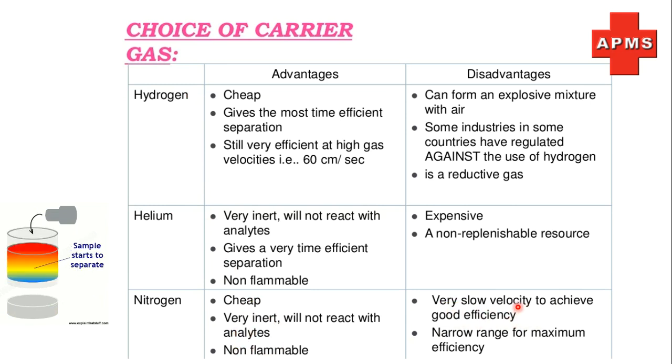Its velocity inside the column is slow, so we don't get good efficiency in the separation of organic compounds, and the experiment requires more time. It also has lower thermal conductivity, which is another reason for the lower efficiency. Narrow range for maximum efficiency.